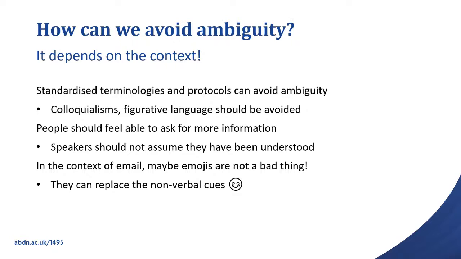Okay, so you have to have an environment where people feel able to question things if they don't understand them. And people higher up in the hierarchy can't just assume that they've been understood. You make allowances for the fact that maybe people don't always understand what they say, and maybe they need to repeat things more than once to make sure that everything's clear.